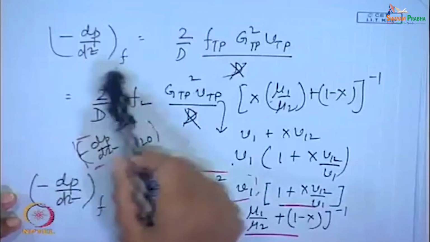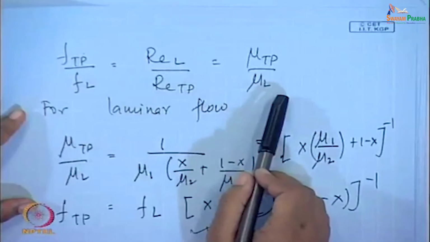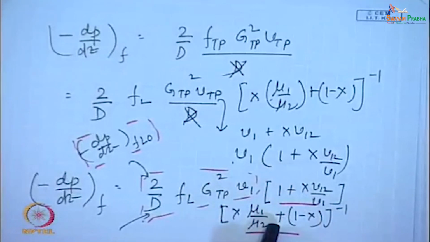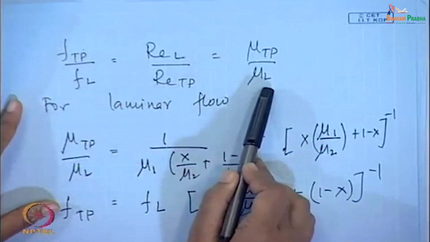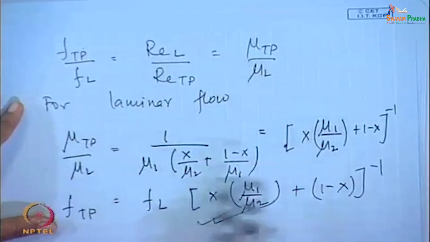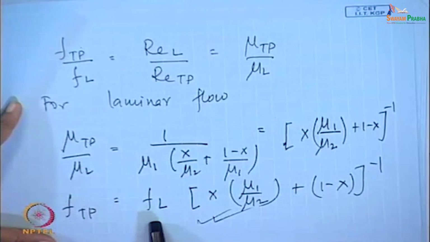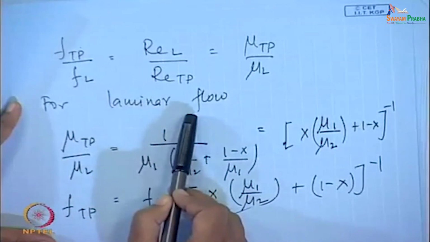Now, remember one thing, whatever I have done was based on the basic supposition of laminar flow. For laminar flow, this was the correction factor, right, isn't it? Because I had started from an expression which is applicable for laminar flow. Depending on this, I had substituted and expressed FTP in terms of FL, which relationship is valid only for laminar flow, agreed.